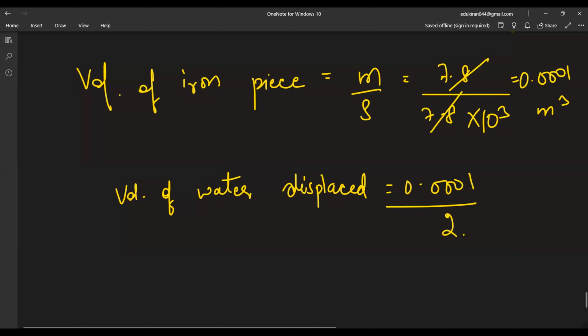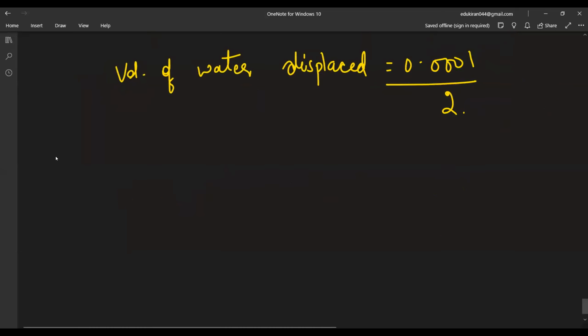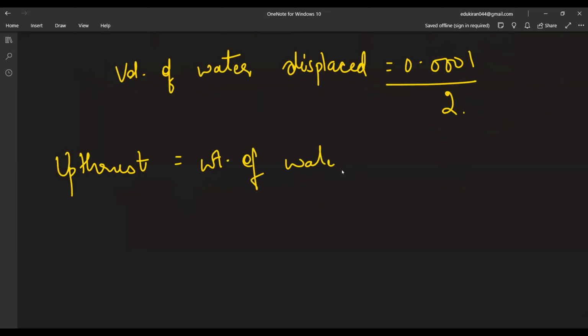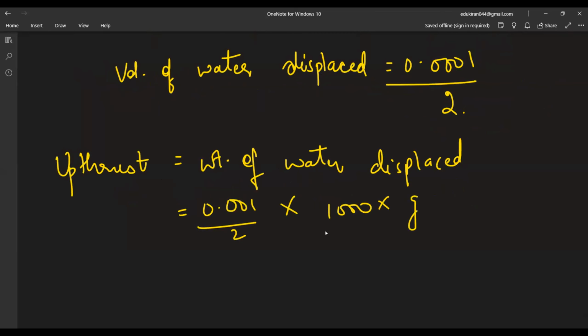When we are calculating the upthrust, this is equal to the weight of water displaced. So the volume will be 0.001 by 2, density will be 1000, and this is G. So the final answer is 0.5 g Newton, or you can say this is 0.5 kg force that is being applied.